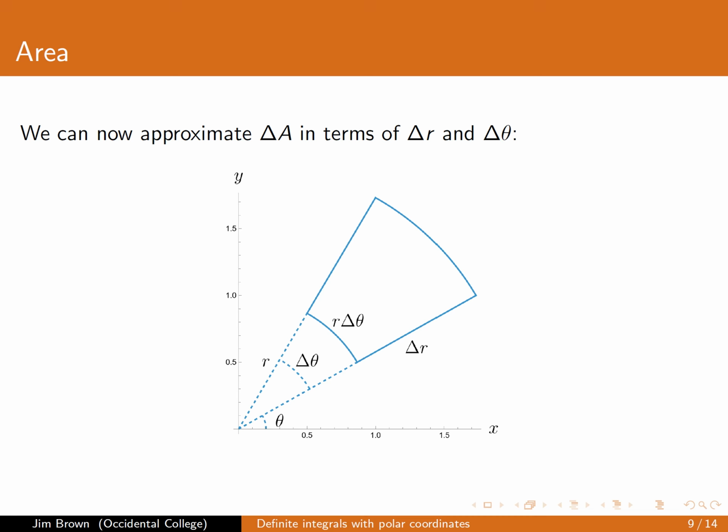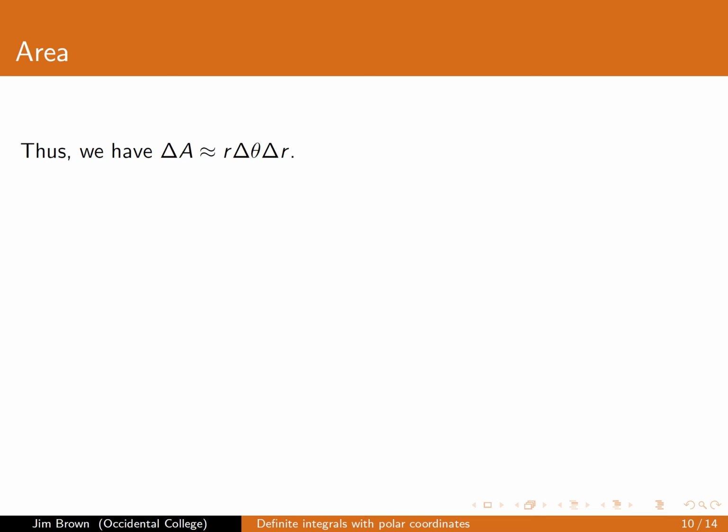So if this little area was very small, we could approximate it with a rectangle that had one side r delta theta and one side delta r. Then our delta A is approximately r delta theta times delta r. And this approximation will get better and better the smaller delta theta and delta r actually are.